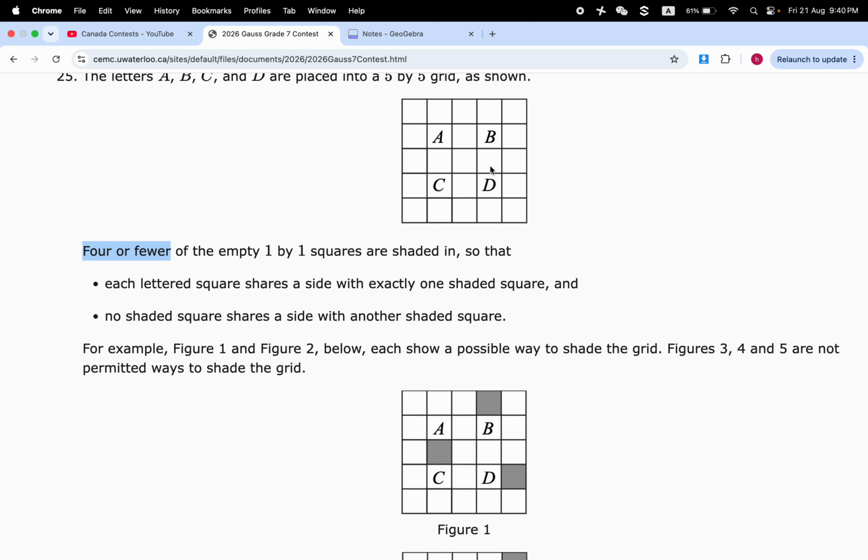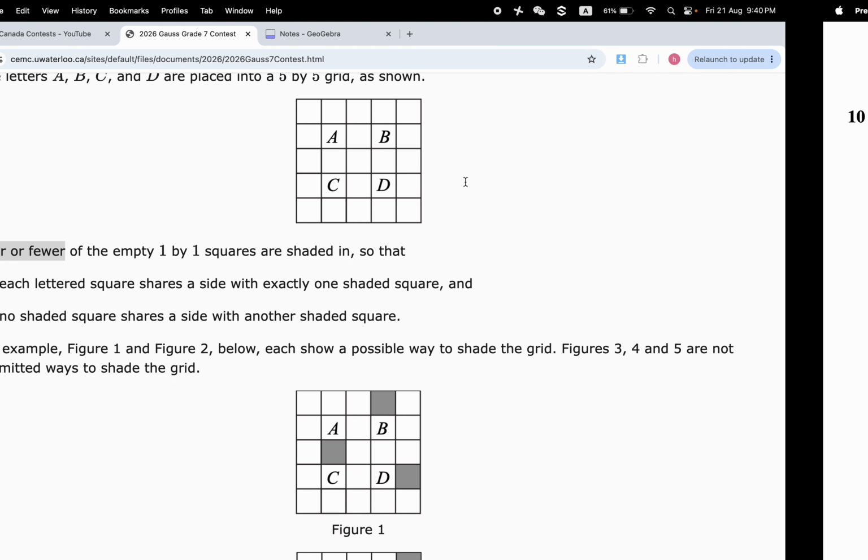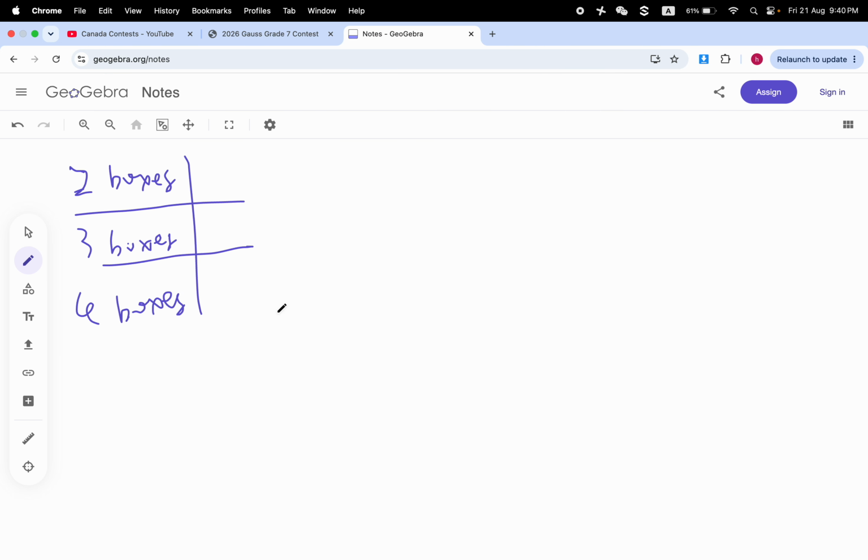Those are the only two things you can do, because you use two boxes to cover four, so each will take care of two. So for this case, it would be two ways. This is pretty straightforward.